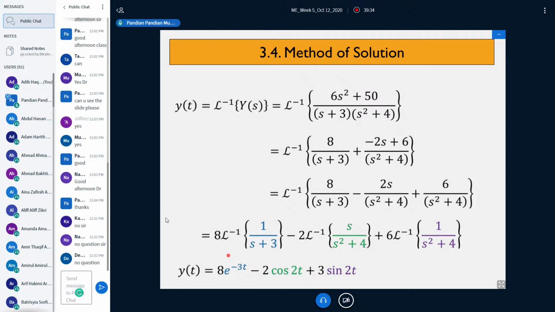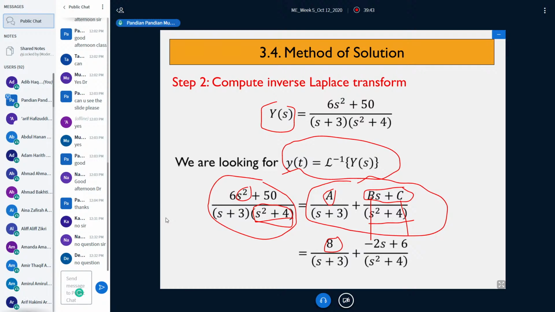So, class, now I'm giving you the values for A, B, C. How? You simplify this, s plus 3, s squared plus 4, and then the numerator: A(s squared plus 4) plus (Bs plus C)(s plus 3).